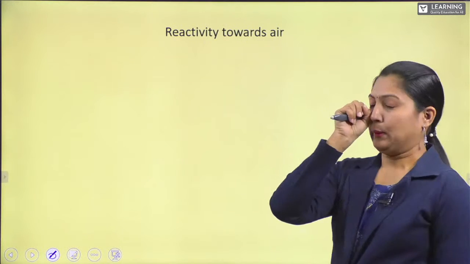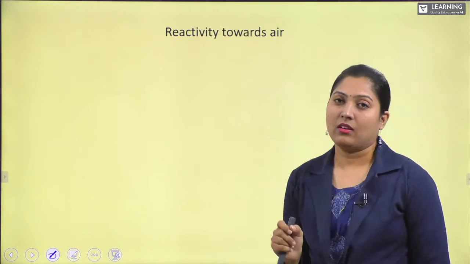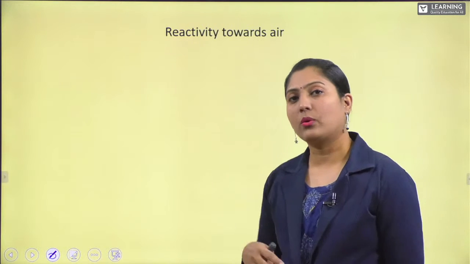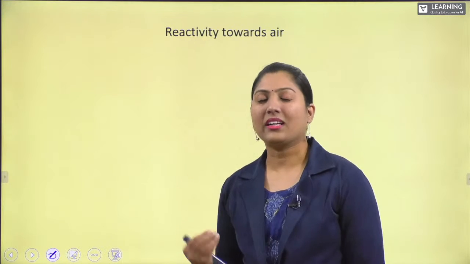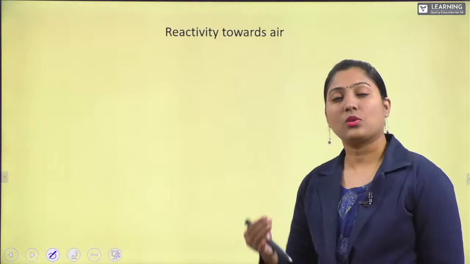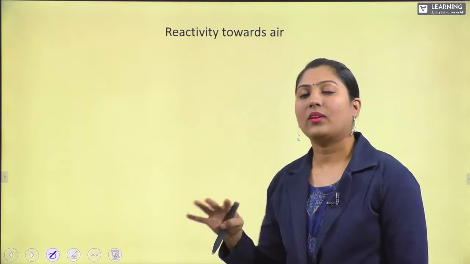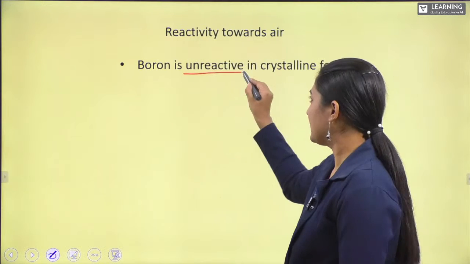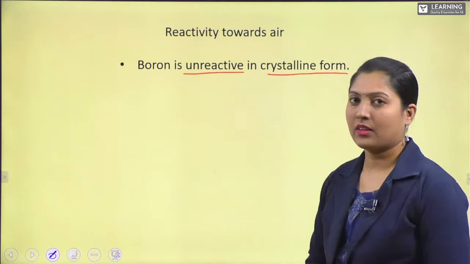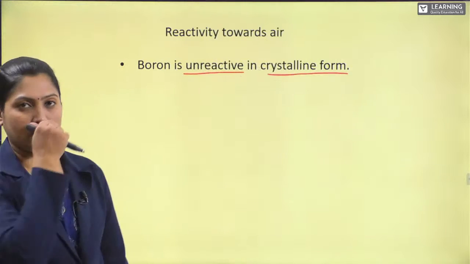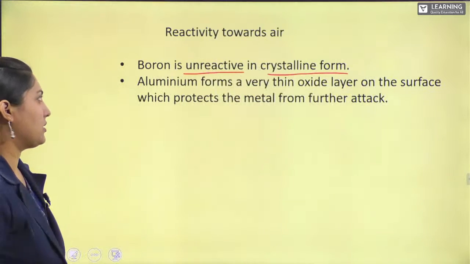Coming to the reaction with air. We know metals will react with air easily. What about boron? Boron will not get easily reacted with the air or the atmosphere, and so it will not get coated with any of the oxides. Boron is unreactive in crystalline form towards the air or oxygen.